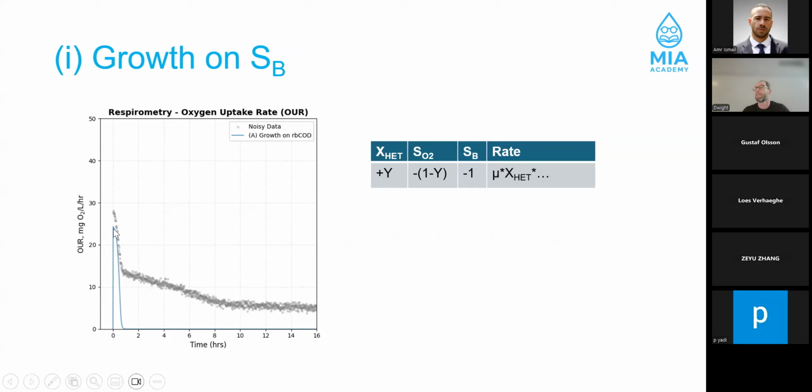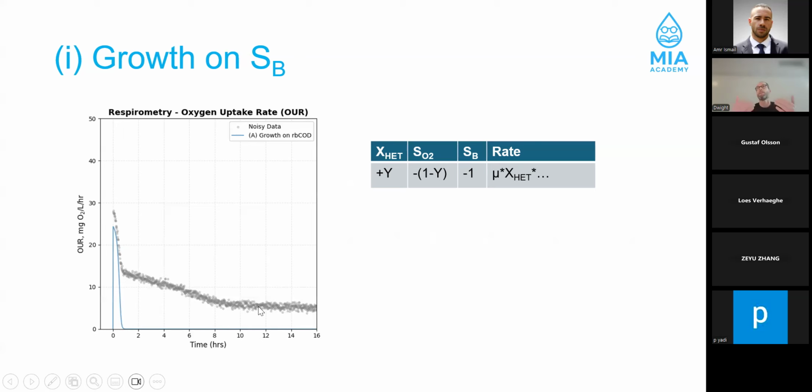But as soon as that substrate disappears, our oxygen utilization rate, as simulated or predicted by the model, drops to 0. So this is a little bit useful as a model because we do capture that initial spike in OUR, but obviously we're not capturing the behavior after the first hour of the test.